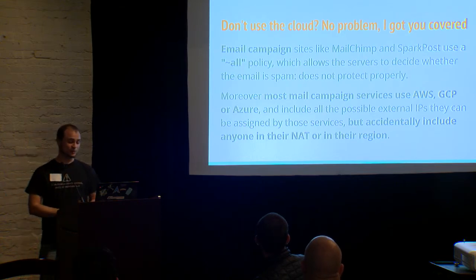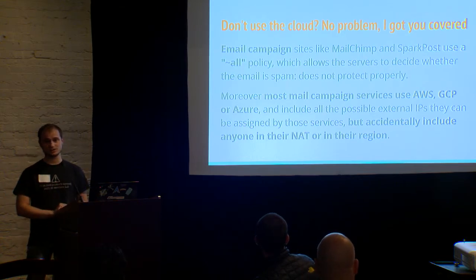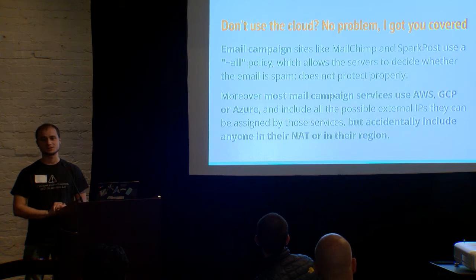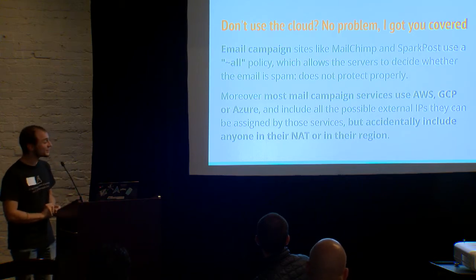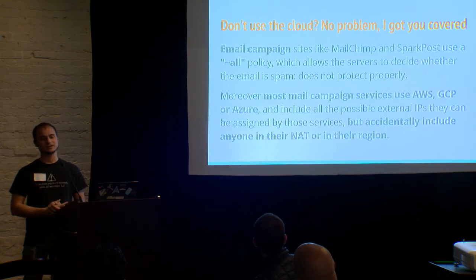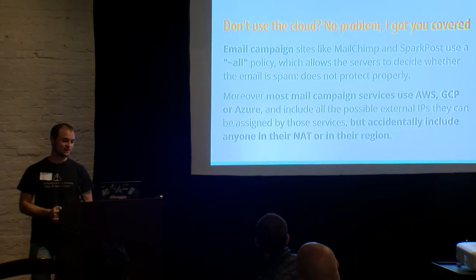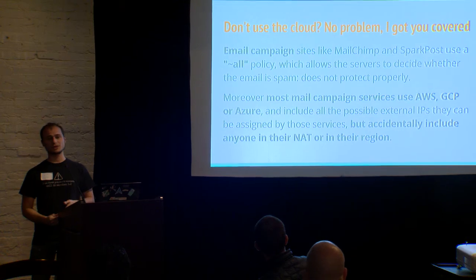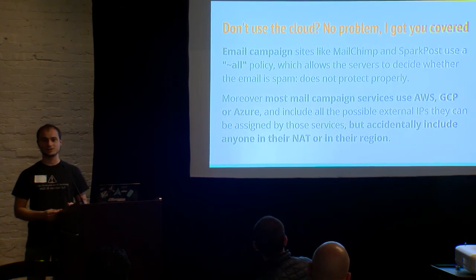And there's more, because those services are using cloud services. So when you include them, you are including every single IP address in AWS, GCP, or Azure, depending on what they decide to use and to trust.